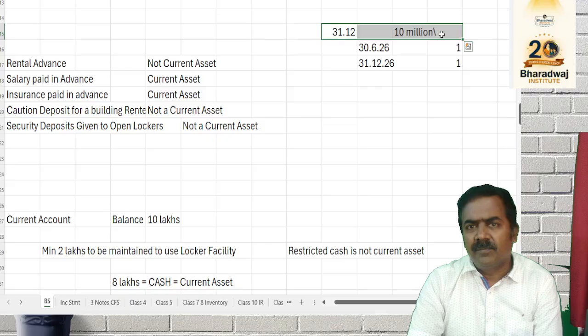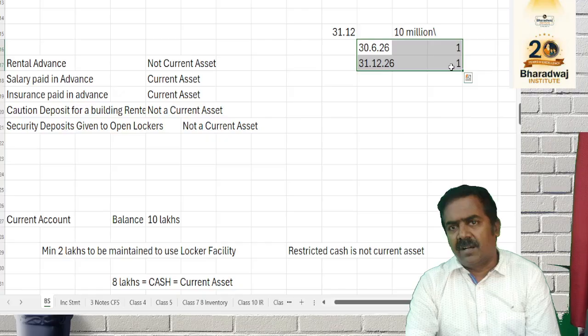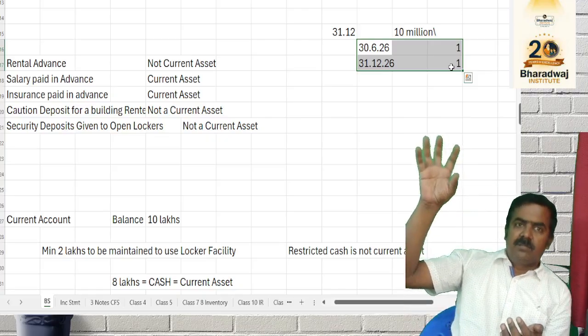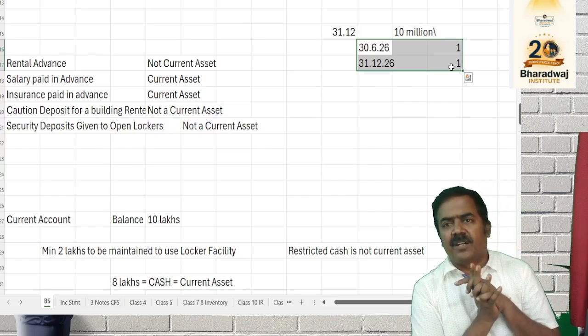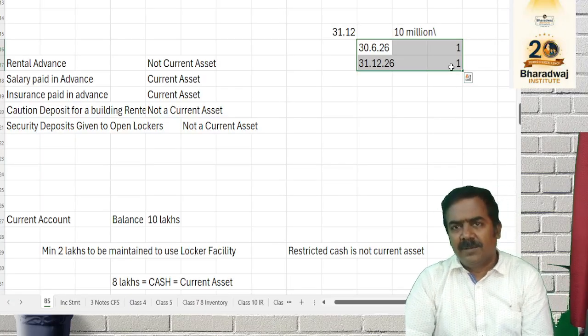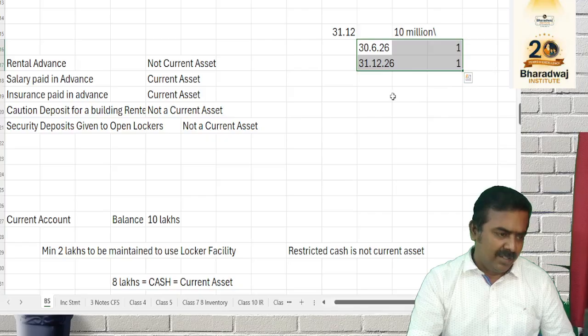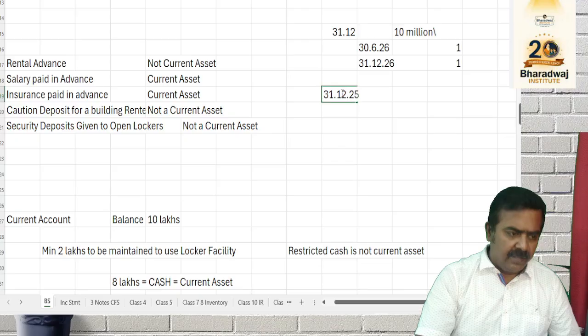What is the total loan? 10 million. In that 2 million will be called as what? Current liability. Why? Because the long-term debt, but the portion that is payable within next 1 year, we call it as current liability. The remaining 8 million will be called as non-current liability. Let's assume balance sheet is prepared on 31/12/25.